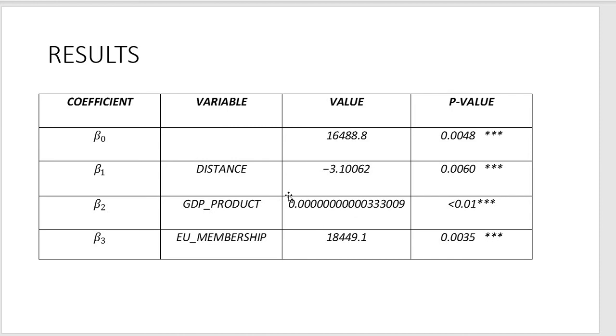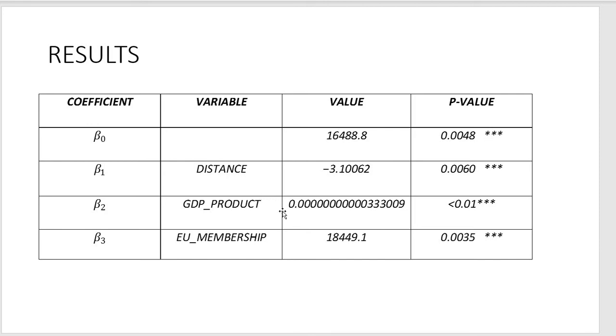This variable has a positive coefficient. Even though I divided the value of the variable by 1 billion, it's still a ridiculously small coefficient. So probably I had to divide by something bigger.